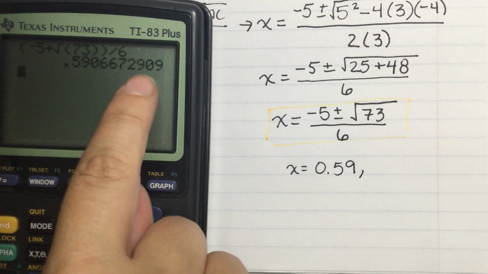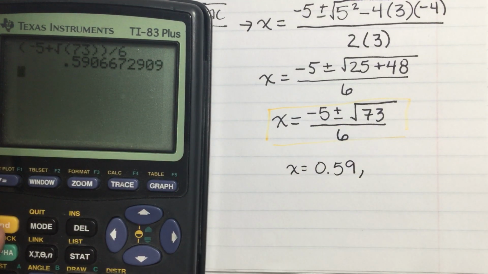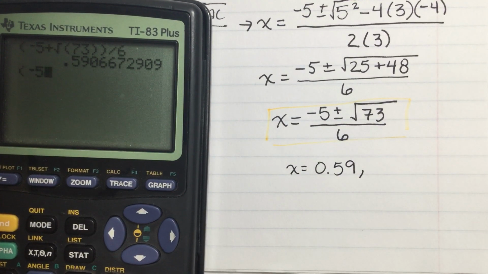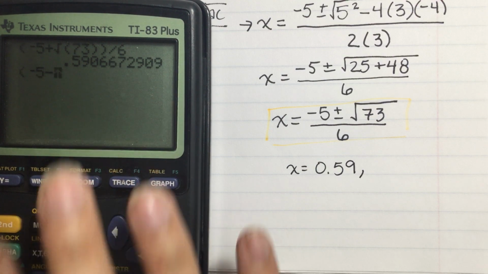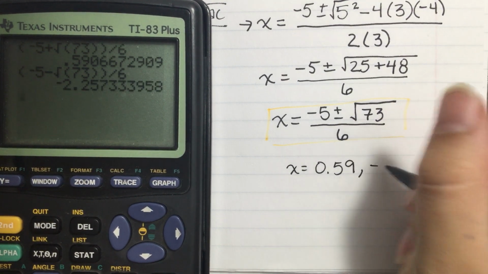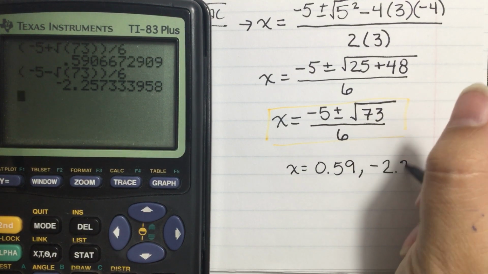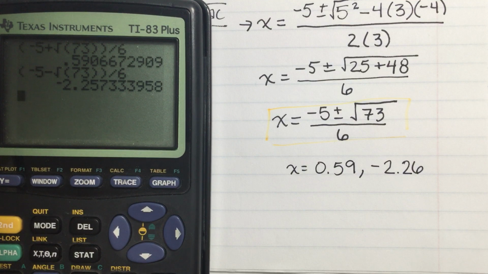I'm going to do all this again, but where the plus sign is, I'm now going to use my minus sign. So negative 5 minus the square root of 73 all over 6, and negative 2.26, because that 7 is going to bump that 5 up, is going to be my other root.